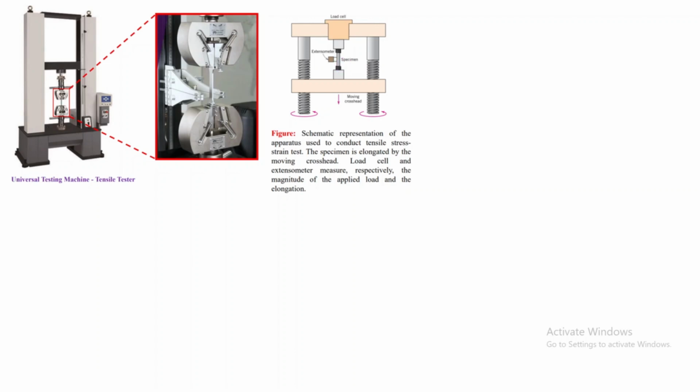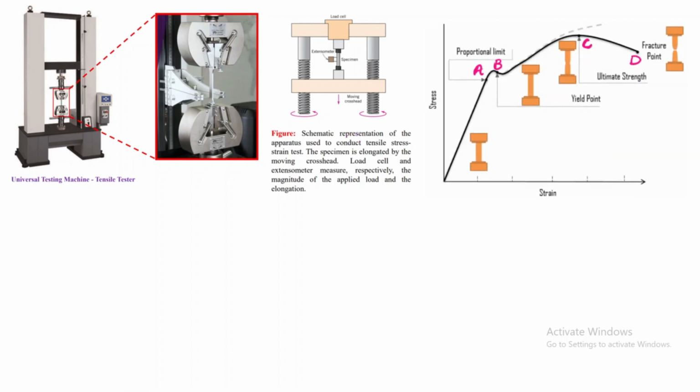On the other hand, there is a computer, and the computer gives us this graph. This graph is called the stress strain curve. This graph gives us the full information about that material, that is, how it responds to external force.